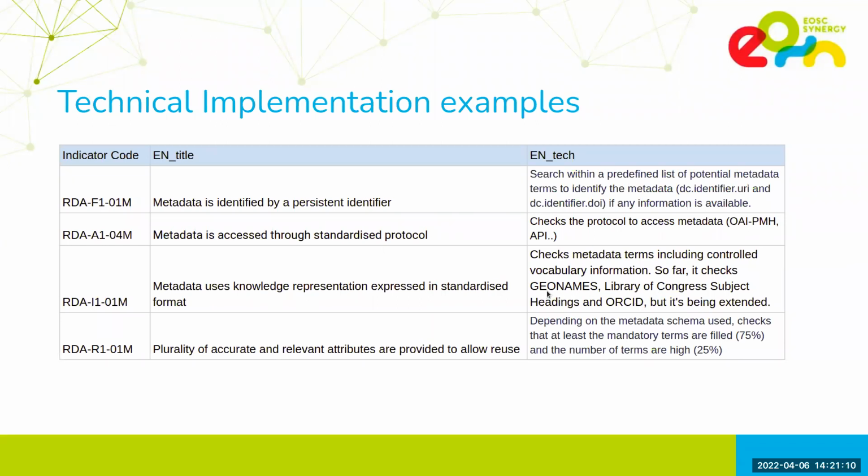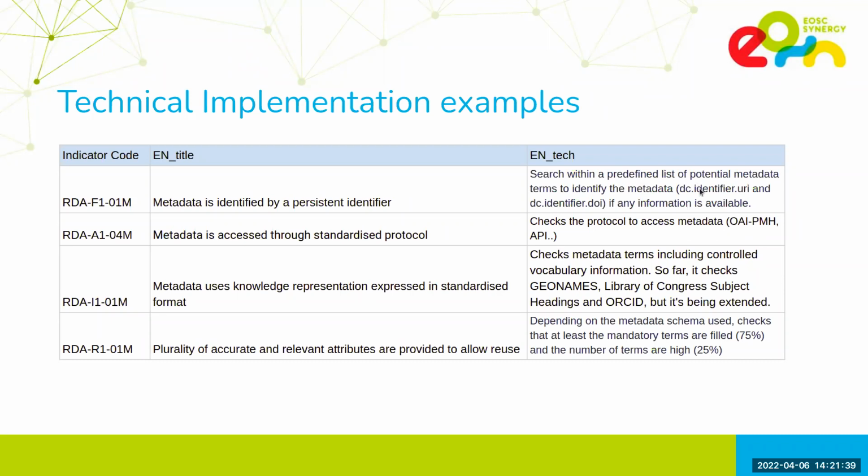I would like to show different technical implementations as an example, for different levels. For findability, one of the indicators says that the metadata should be identified by a persistent identifier. So how do we translate this indicator? In this case, what we are doing is searching within a predefined list of potential metadata terms to identify the metadata, and this is something that can be configured.